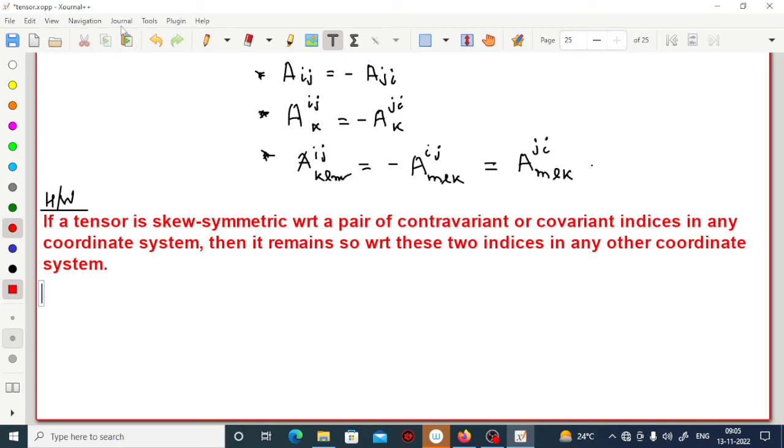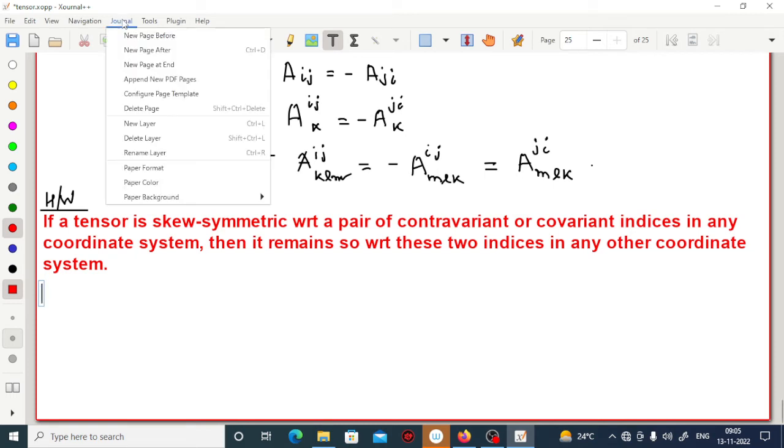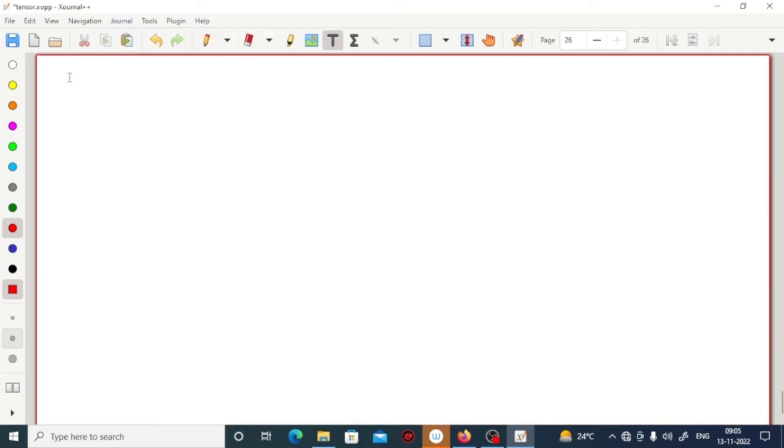So let me go to a new page over here and write the question for you. Antisymmetric problem number 2.